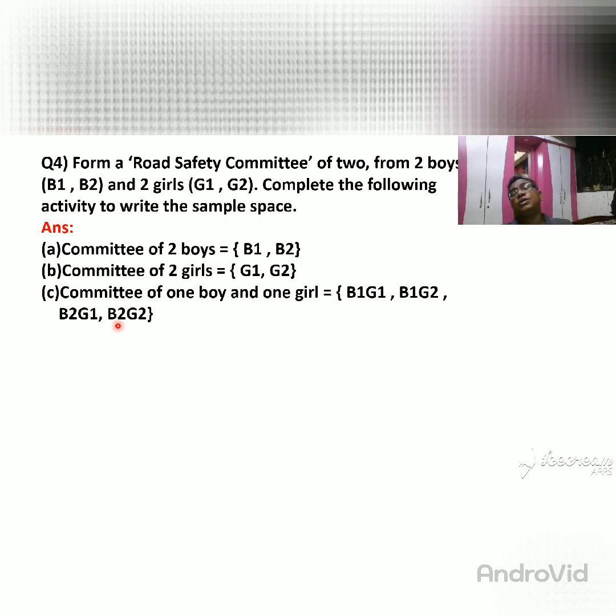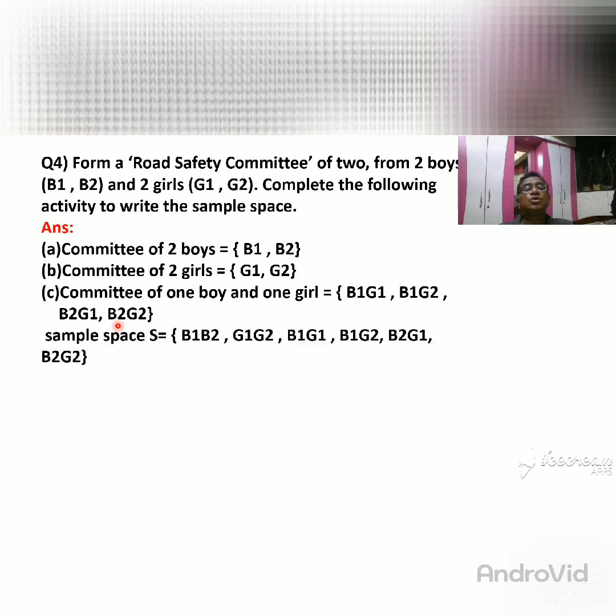They said the committee must have boys and girls. So we want to write the sample space. How can you write the sample space? First we make pairs of purely boys, B1, B2.